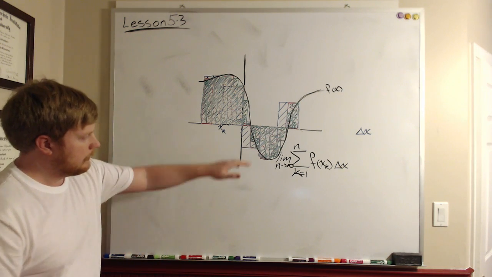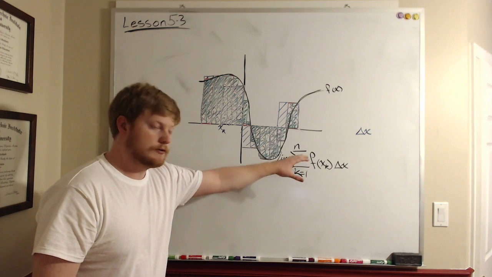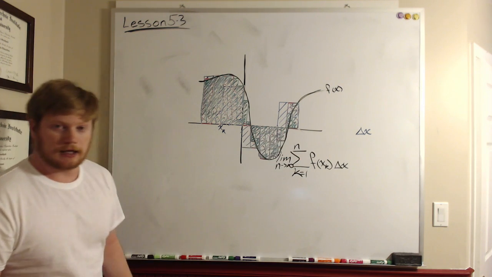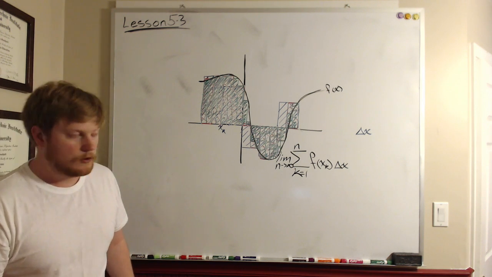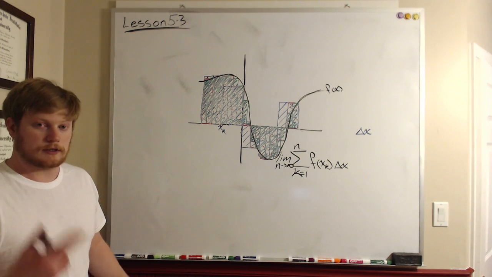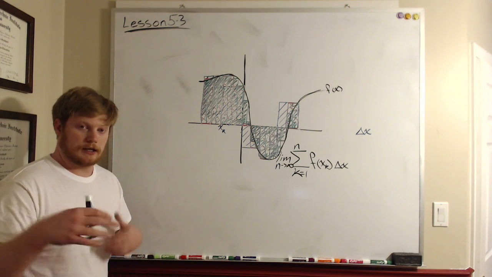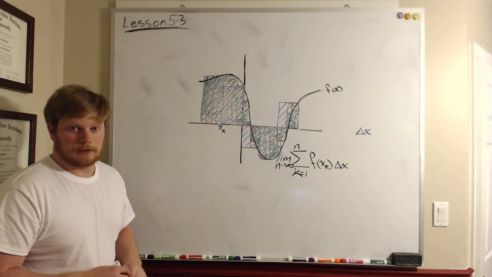And the limit as n goes to infinity of the sum as k goes from 1 to n of f of x sub k delta x is the definition of area under the curve, which for our purposes in this course is going to be considered the definition of integral. And we're going to be using this in the next few examples to determine the area under some given curves.